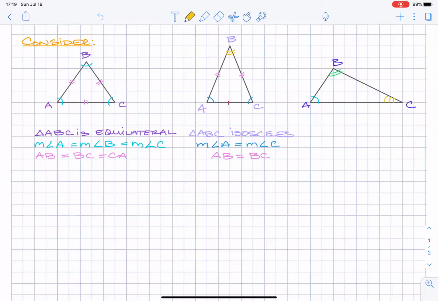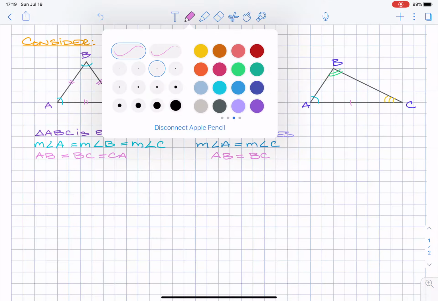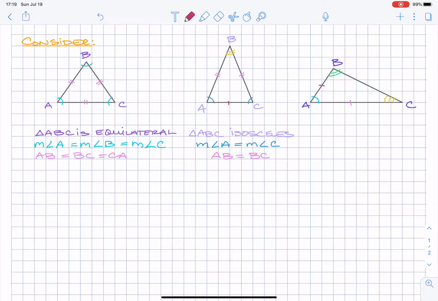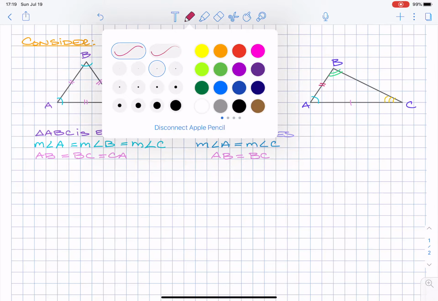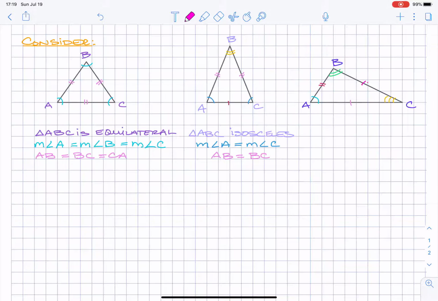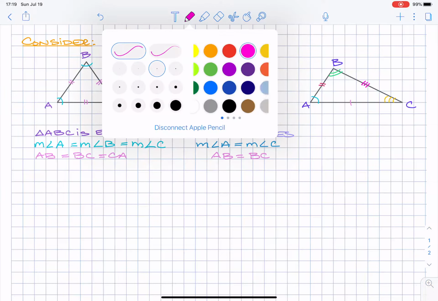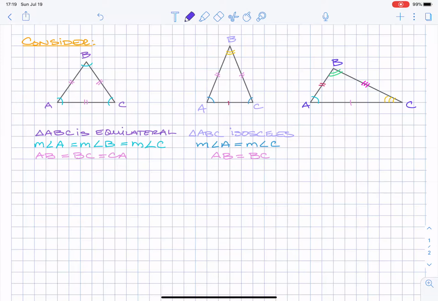And then each side would be a different measure. So this is called a scalene triangle. So triangle ABC in this case is scalene.